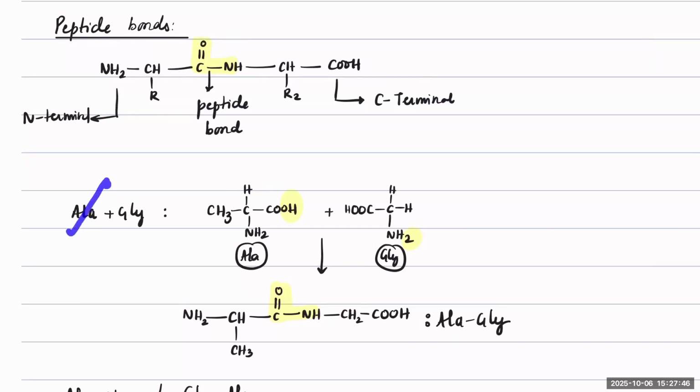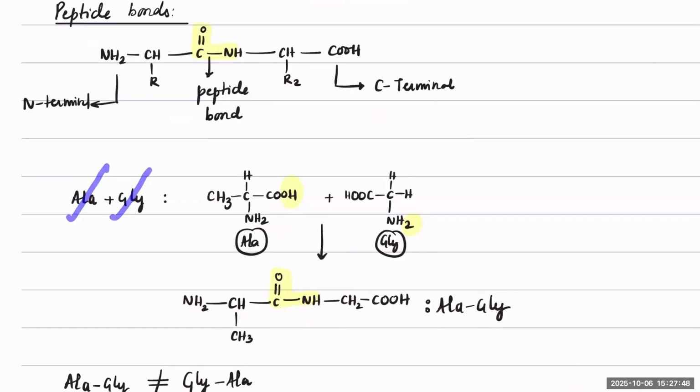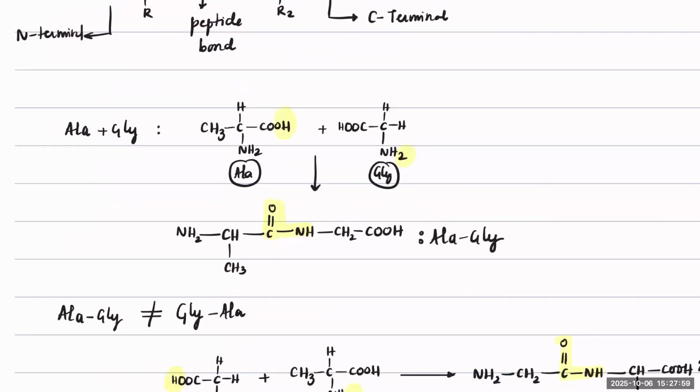For example, if I take alanine and glycine, alanine structure is like this, glycine structure is like this. I need to put this NH2 close towards COOH here so that I can remove that out. So H from here, OH from here, remove it, you will get an amide bond. And make sure while you are writing alanine and glycine, the acid and amine will combine.